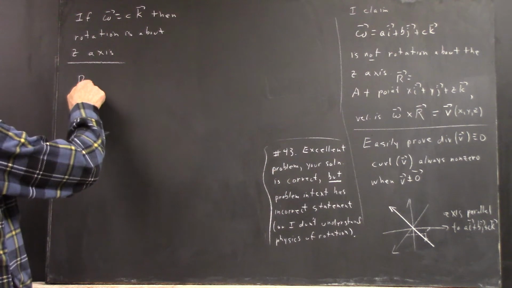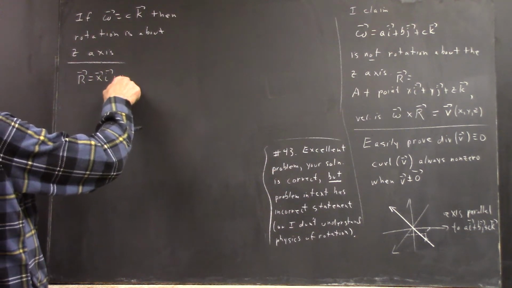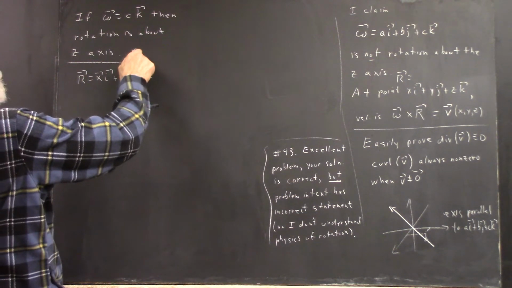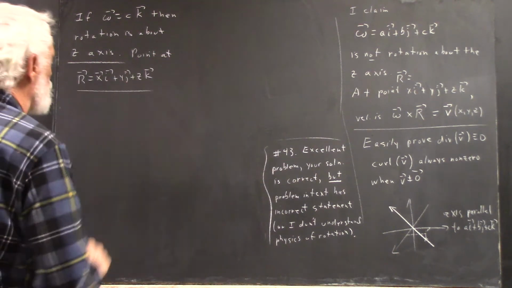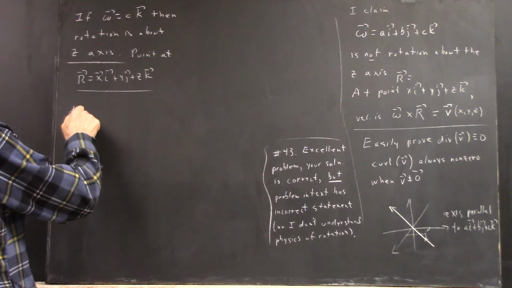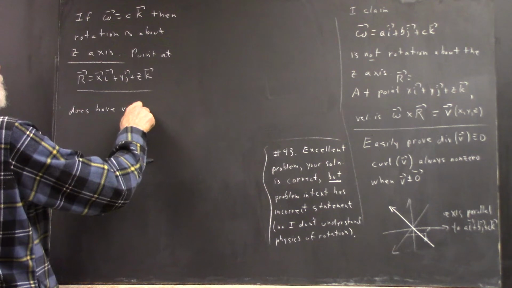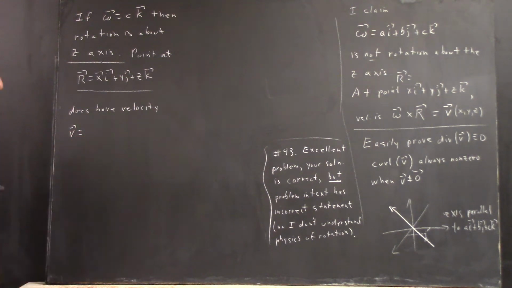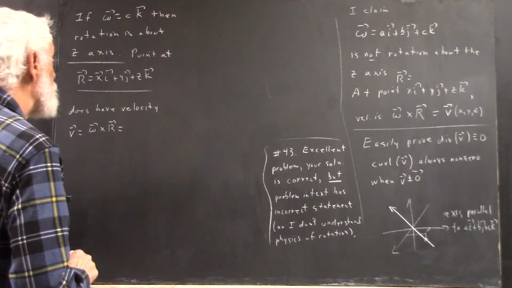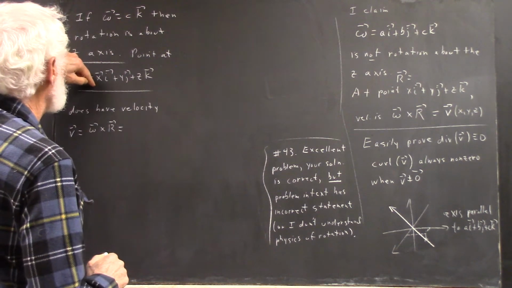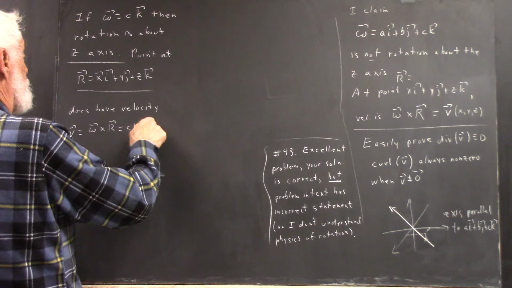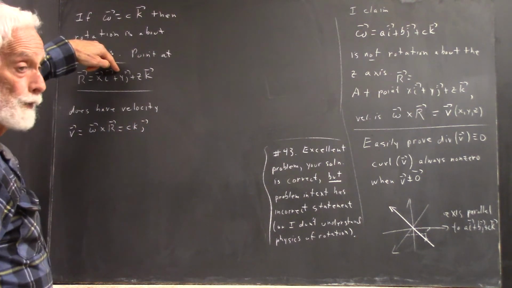And the point at r equals xi plus yj plus zk does have velocity v equal to omega cross r, which is just c times x times k cross i, equaling j, cxj, plus ck cross yj.